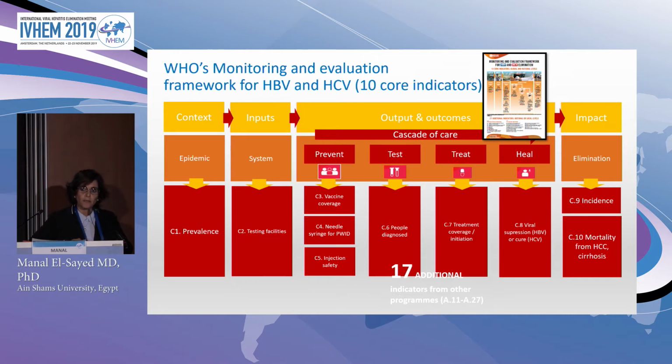Before you start developing a program, you need to identify your epidemic. And then you need to establish a system and infrastructure for both testing facilities as well as linkage to care. And thirdly, you need to have a good surveillance system to be able to monitor cases, monitor incidence, reinfection, acute cases, chronic cases, hepatocellular carcinoma, and mortality.